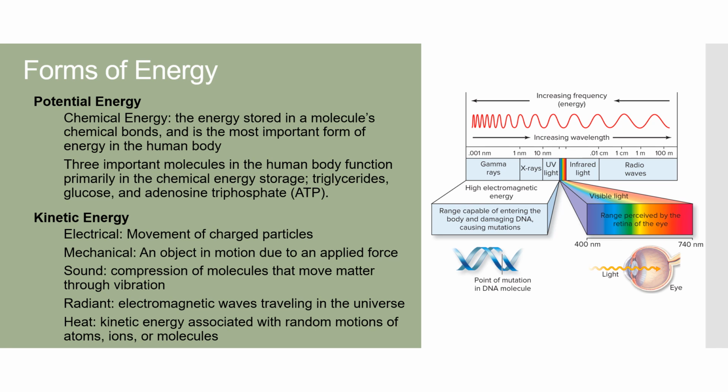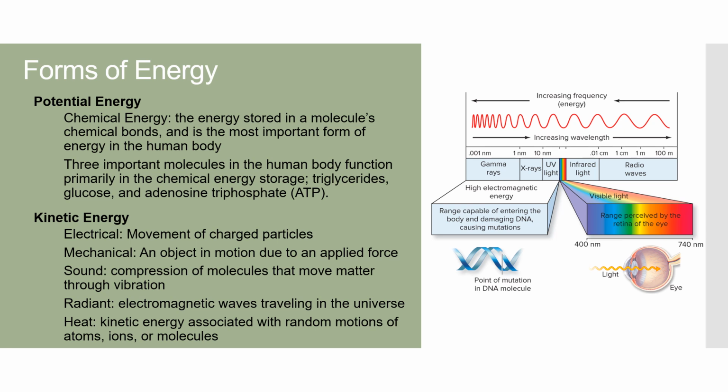Kinetic energy is broken down into electrical energy, mechanical energy, sound energy, radiant energy, and heat energy. Electrical energy is the movement of charged particles such as electrons along a wire, also known as electricity. Mechanical energy is objects' motion due to an applied force, like a muscle contraction during walking.